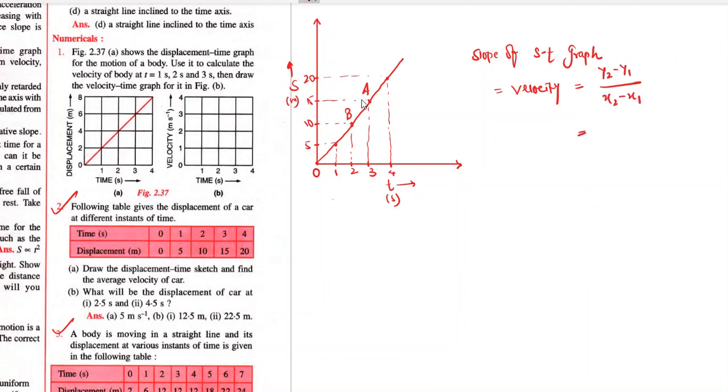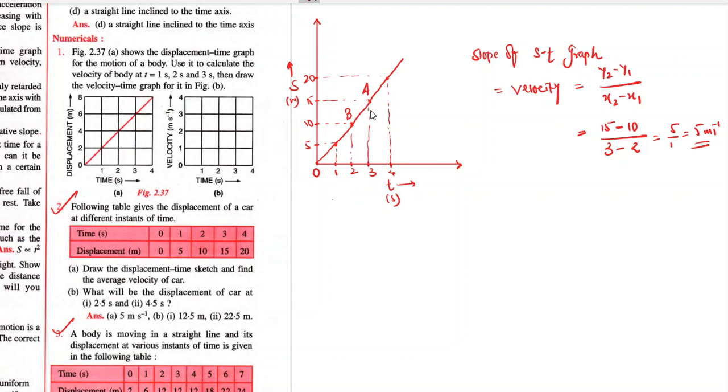Okay, so what is y2? y2 is 15. What is y1? 10. What is x2? 3, and x1? 2. So this will become 5 by 1, which is 5 meter per second. So that's the velocity, and average velocity and velocity both are equal because the body is moving with uniform velocity, because the displacement time graph is a straight line.